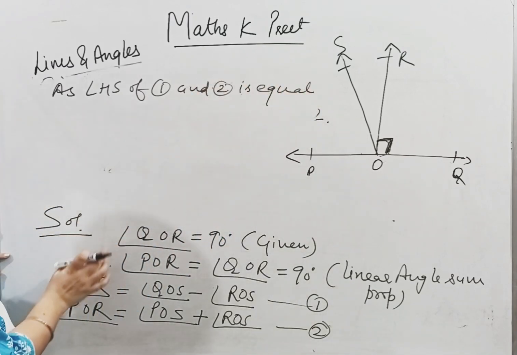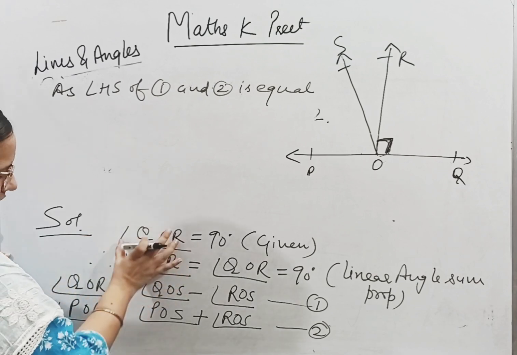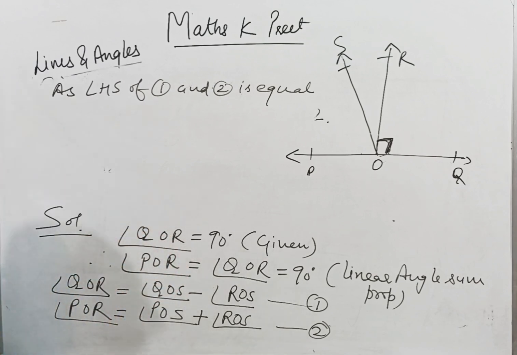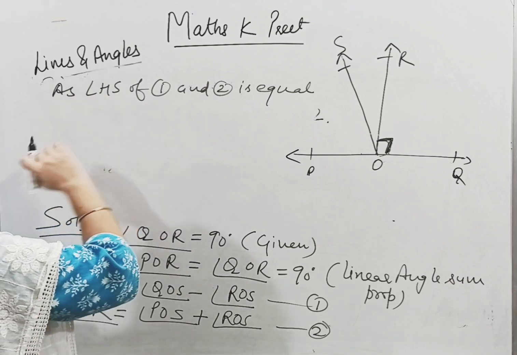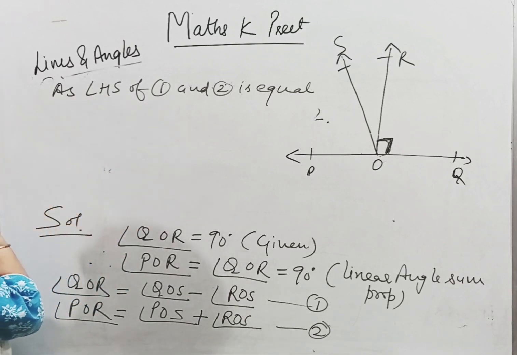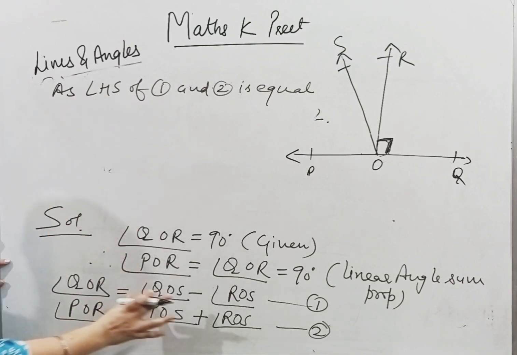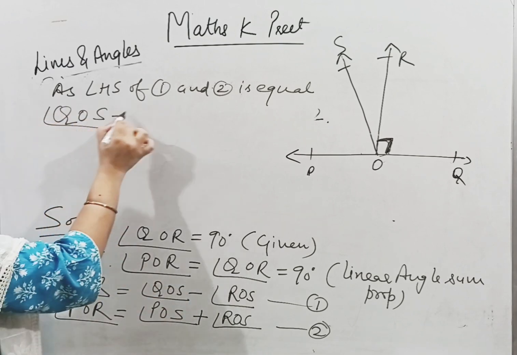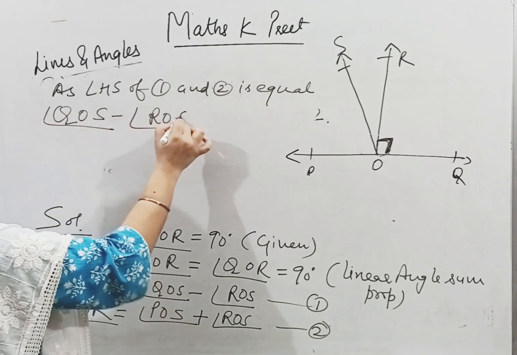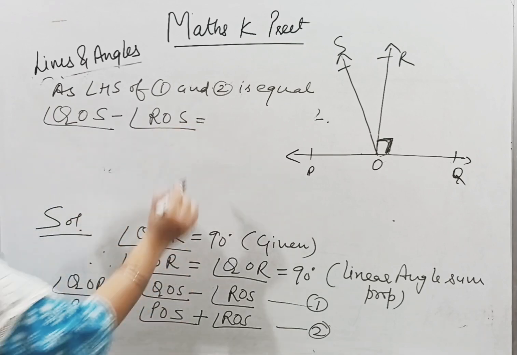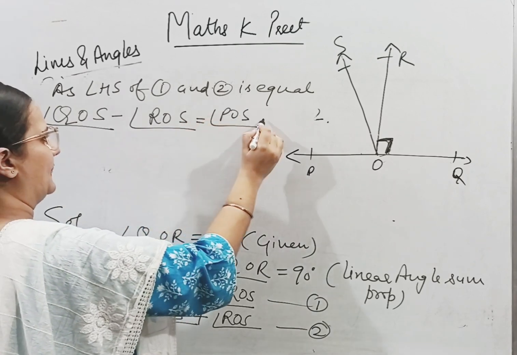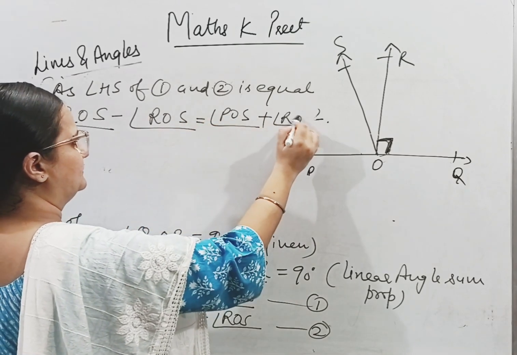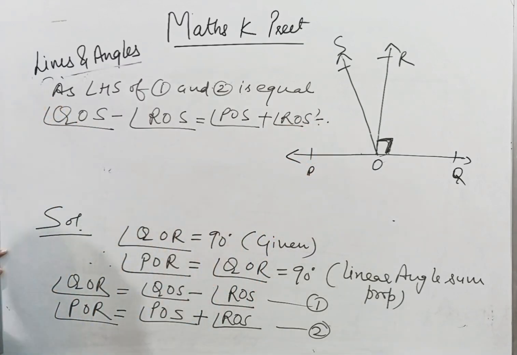It's given to us. We can derive this equality from what is given. So as the LHS of 1 and 2 are equal, we can equate the right hand sides as well. So QOS minus ROS will be equal to POS plus ROS. From here we can see that we are reaching the solution.